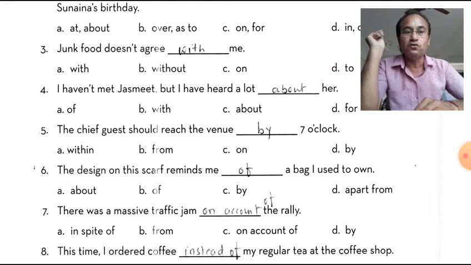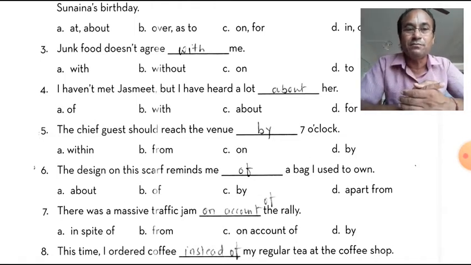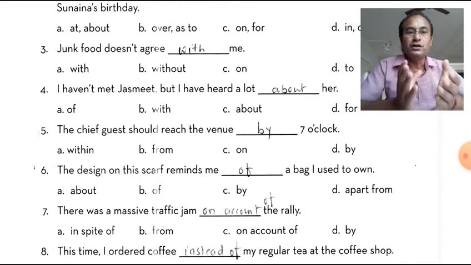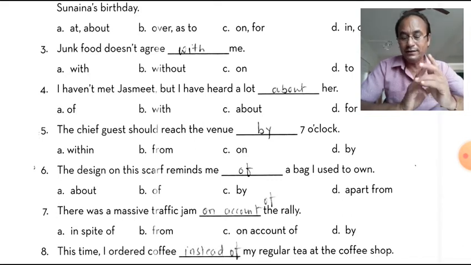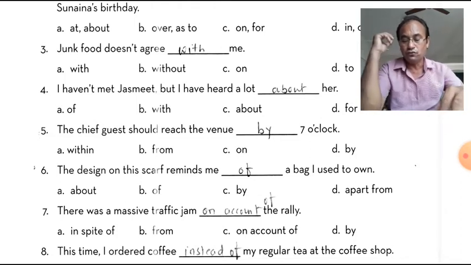Now, the design on this craft reminds me of a bag I used to own. The design of this craft reminds me of a bag I used to own. So here of is a preposition, used before bag. There are many uses of of also.